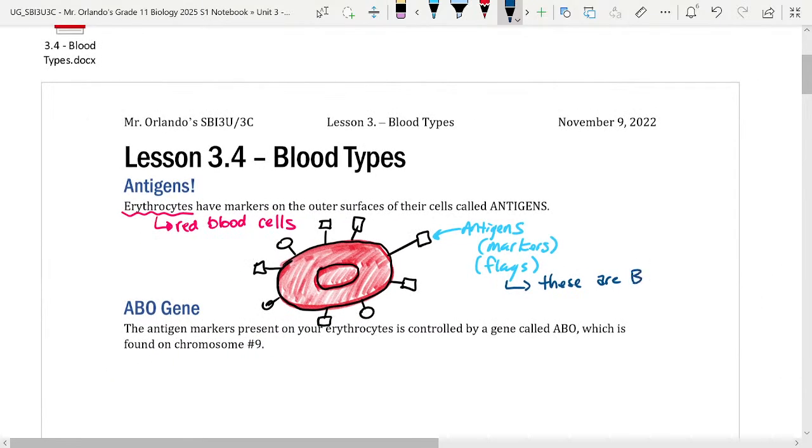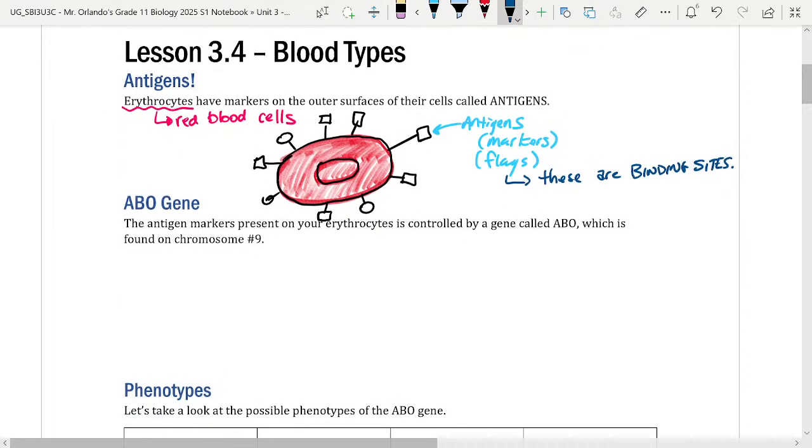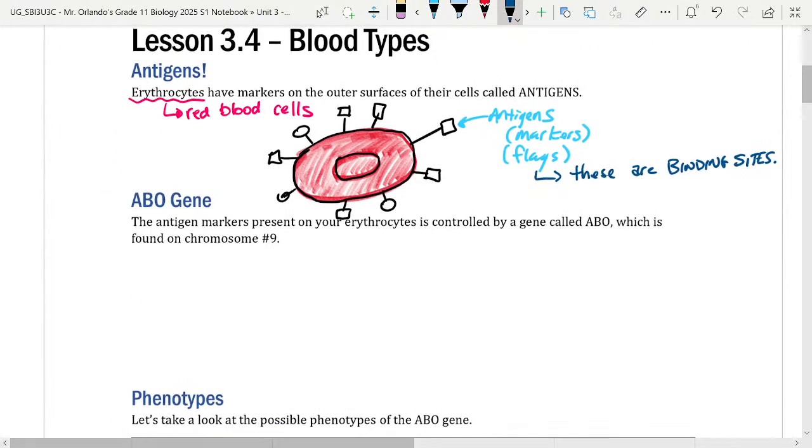What does it mean to bind to something? To get together, to stick together, yeah, absolutely. You can stick to something. In other words, an antigen serves as an identifier, and it's a place where something can stick to it. Does that make sense? Okay. That's binding, right?